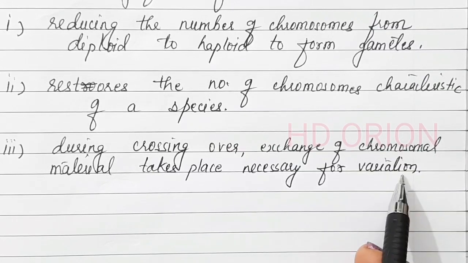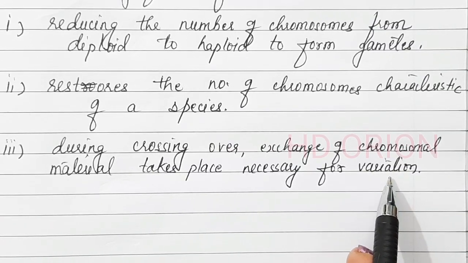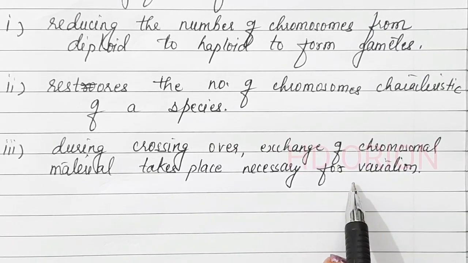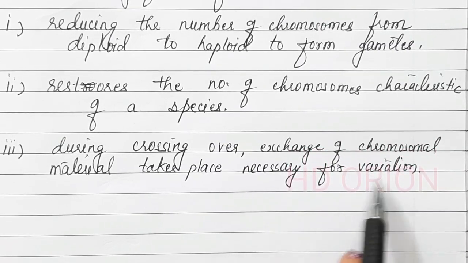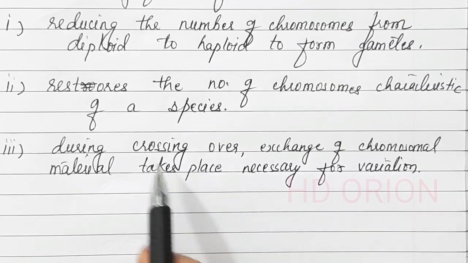So variation is necessary in sexually reproducing organisms, and therefore we see that the offspring are similar to parents but not exactly the same, and it is only because variation has been brought about by crossing over.